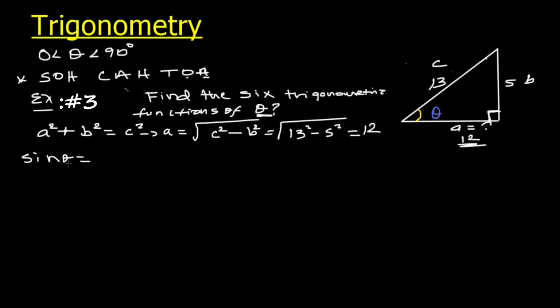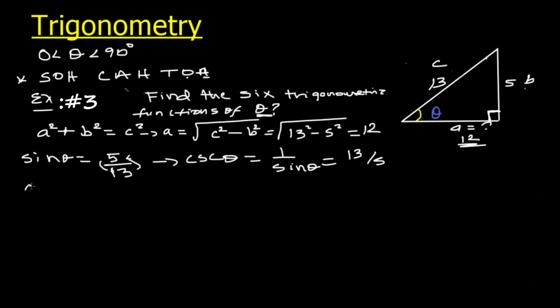So sine theta equals the opposite side, 5, over the hypotenuse, 13. Sine is related to cosecant, csc theta, which is the reciprocal of the sine function, 1 over sine theta. So this value goes up, this value goes down. We have the hypotenuse, 13, divided by 5. Wonderful.